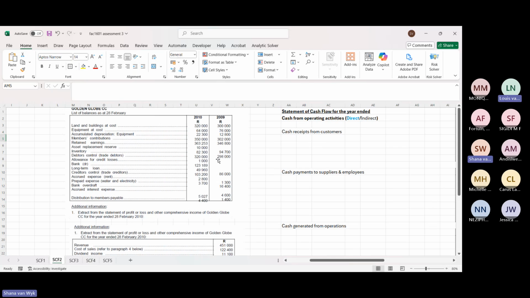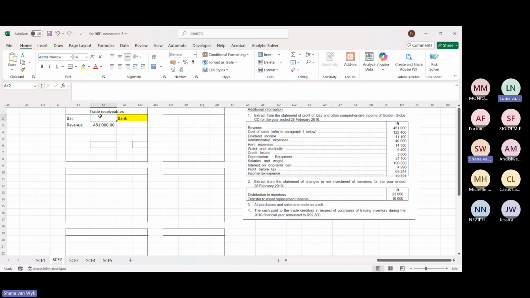Yes, it's under debtors control. That's the beginning of the year, and the end. So that is our 298, opening balance, which is positive, and then we must less the closing balance, and that will then give us the cash flow in that part.